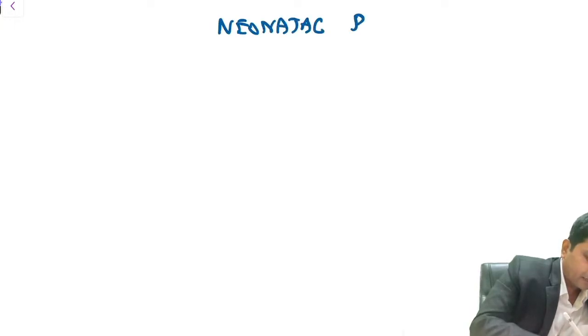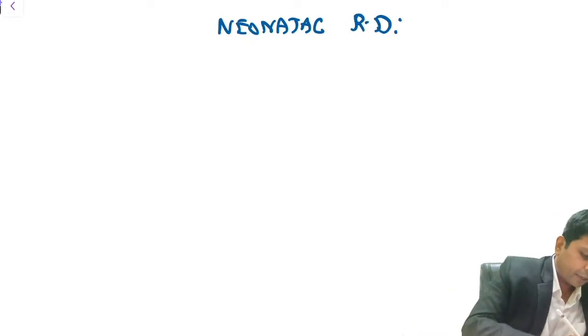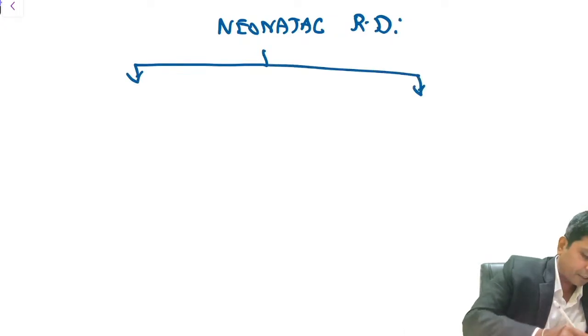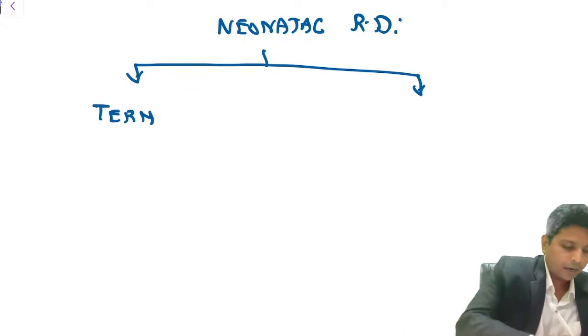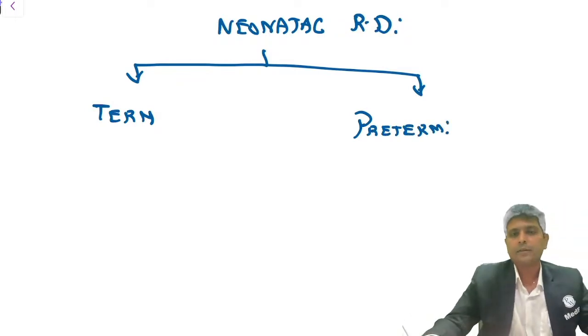Whenever you have a neonatal respiratory distress, a simple 5-minute revision, what you need to do? You need to see whether it is a term baby or a preterm baby, because there are so many differences with respect to the gestational age at birth.